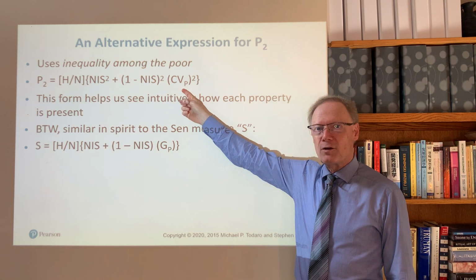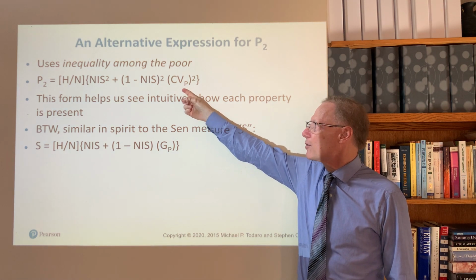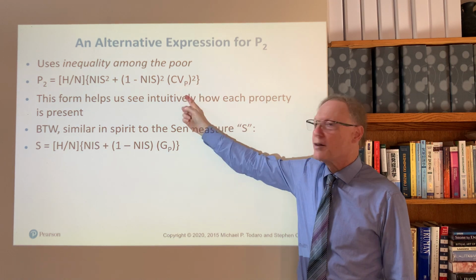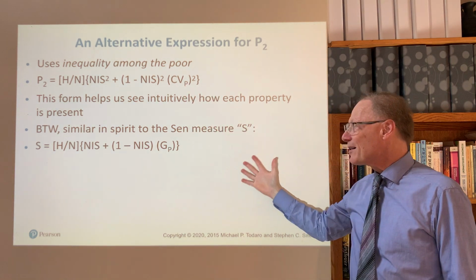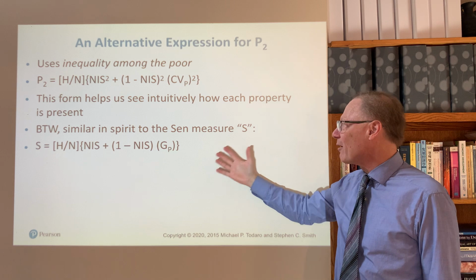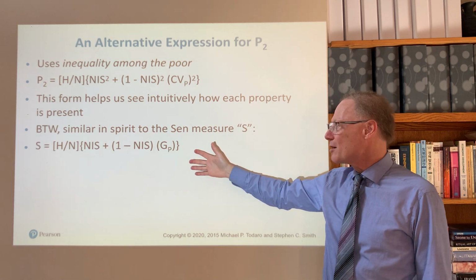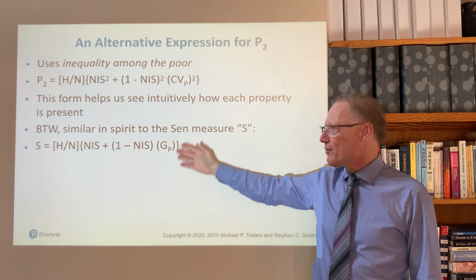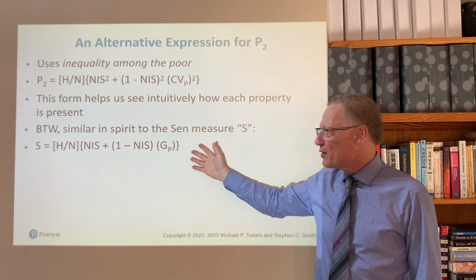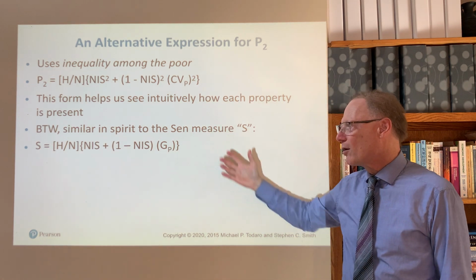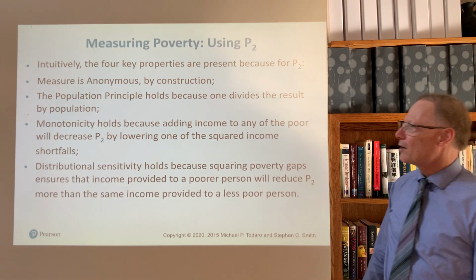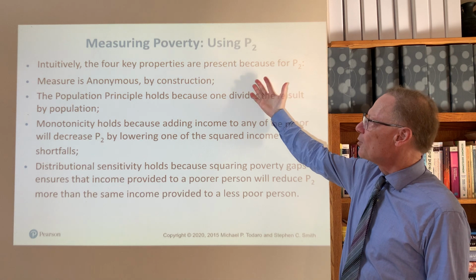This, when we looked at inequality, I mentioned was a good measure of inequality. In this case, it's the inequality among the poor. And that's similar in spirit, I will say, to the original Sen measure, which had the Gini of the poor, rather than the coefficient of variation. But the Sen measure did not satisfy all of the properties that P2 does.